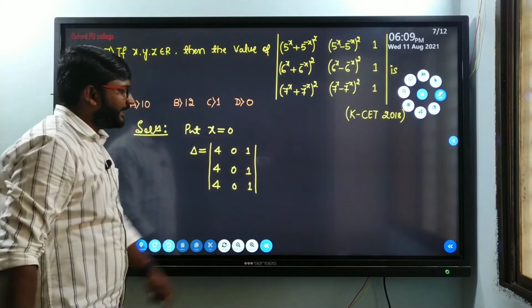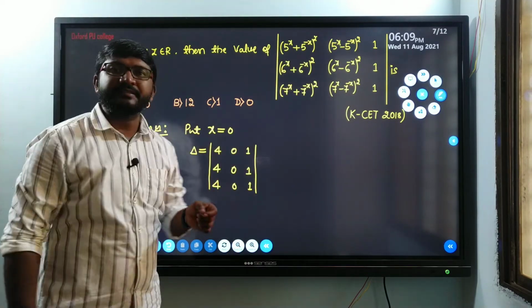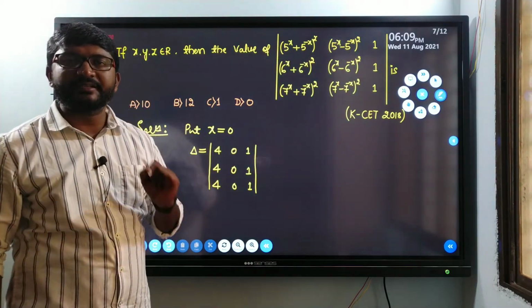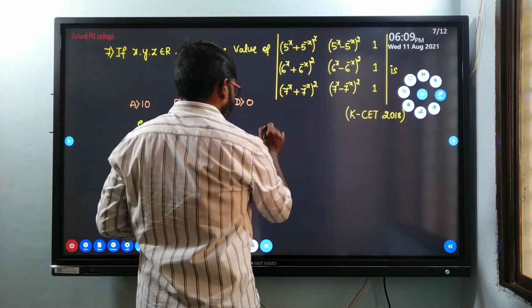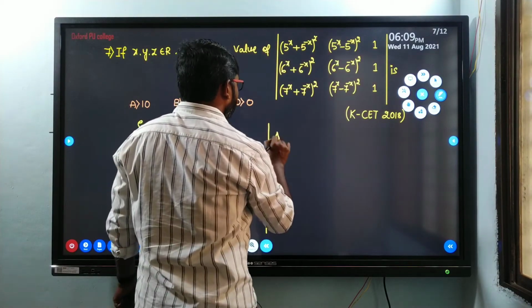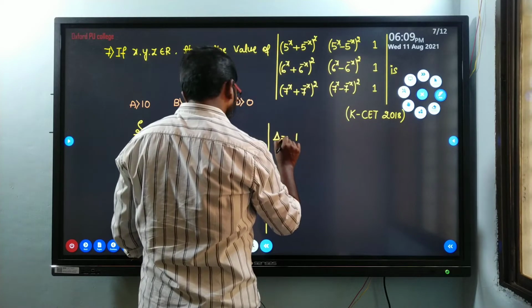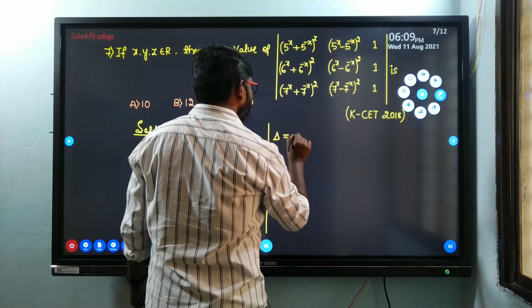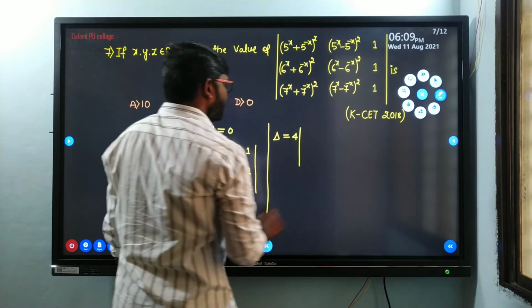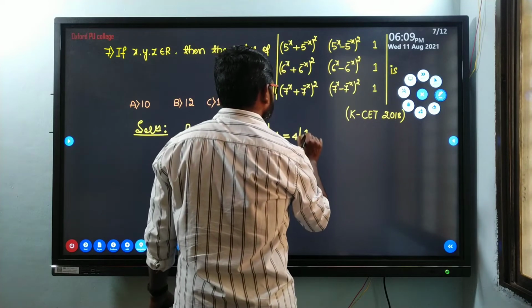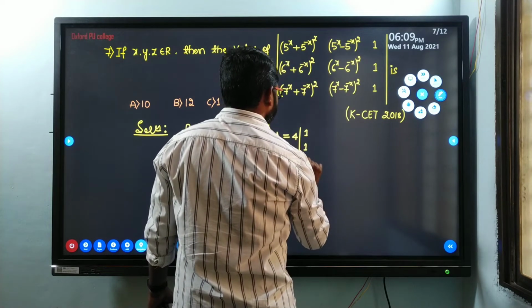Now we can take 4 common from C1. So from column 1, let us take 4 common. So determinant equals, I will be taking 4 common. So we have 1, 1, 1.